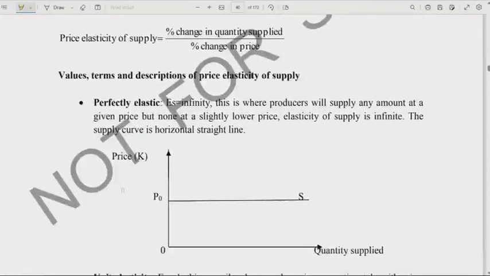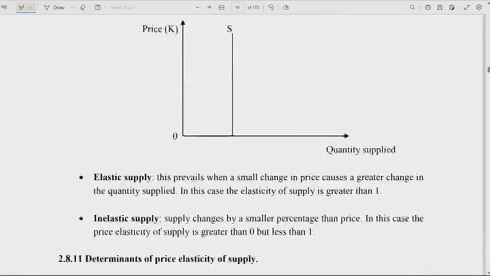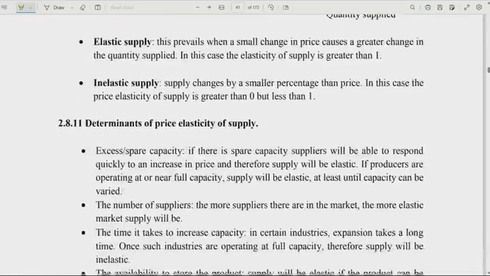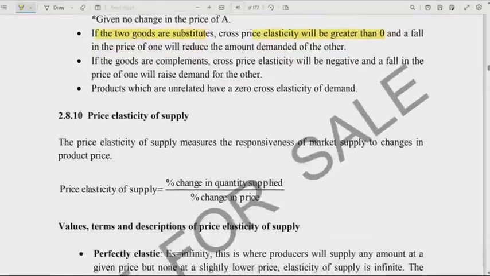And then lastly, we should look at the last type, which is basically the price elasticity of supply. Now we'll be looking at supply, right? So this one just means the measure of responsiveness of the market supply to changes in the product price.